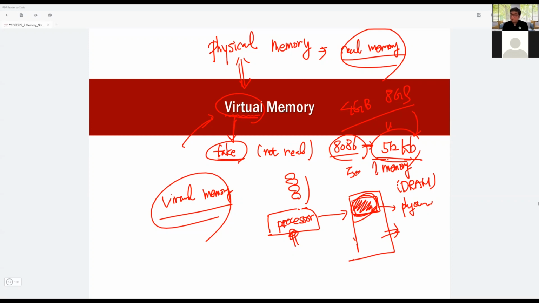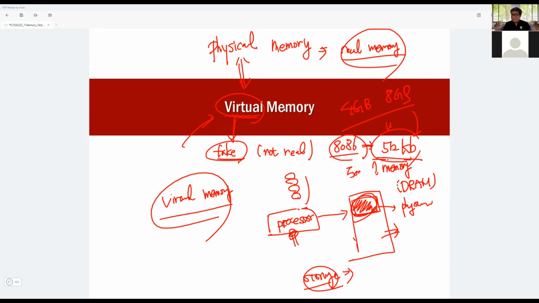So the virtual memory concept is that the size of the main memory is very small, but the storage space is usually much larger than the main memory.